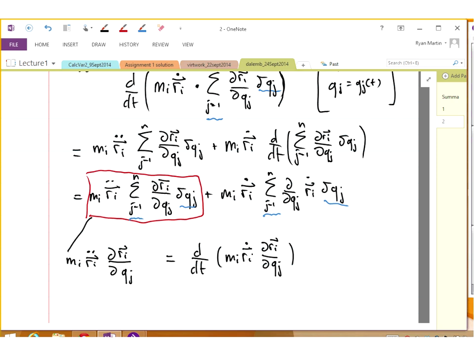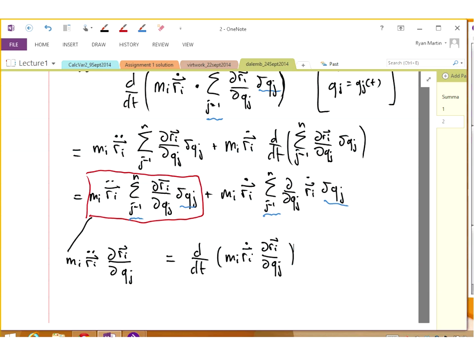We also noted that all three terms have a sum over j and a delta qj. And so just so we don't have to write it each time, we're not writing the sum in. But the identity is true for each term, so we don't need to write out the sum over j and delta qj. So I rearranged there, right? We have the d by dt of the whole thing equals the red term plus the last term.